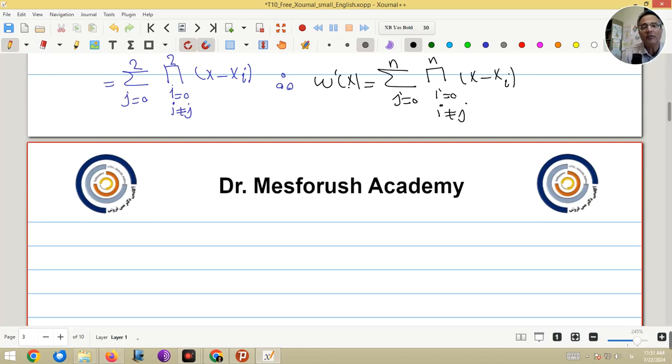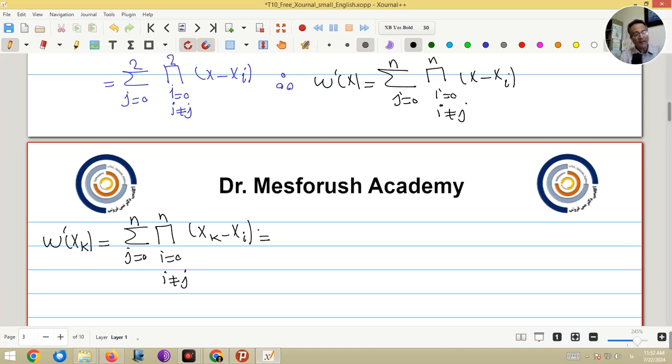Okay, now put x equal to xk. So I will compute w prime of xk. It's equal to the sum over j from 0 to n of the product over i from 0 to n, i not equal to j, of xk minus xi. And we know that all the terms of this sum will be equal to 0, because in some place xk minus xk will happen, except in that place where j is equal to k.